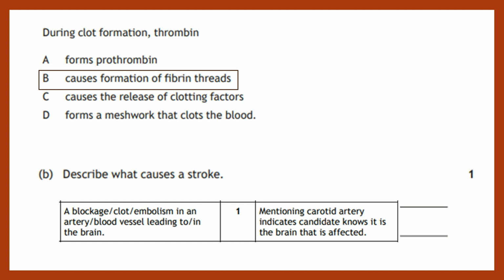It then blocks off the oxygen flow, blood flow to the brain, and that's what causes the stroke. So it's the blockage within one of the vessels that supplies the brain. So do make it specific to the example provided. You didn't need to specify it was the carotid artery, but if you did so, that clearly indicates that you know that it's the brain that's affected, because that's one of the major arteries that does supply the brain.